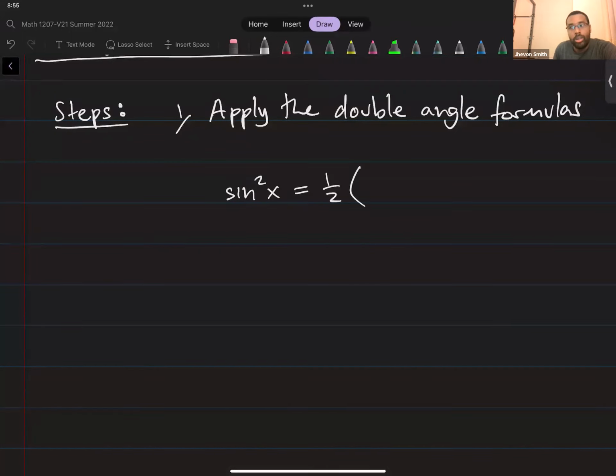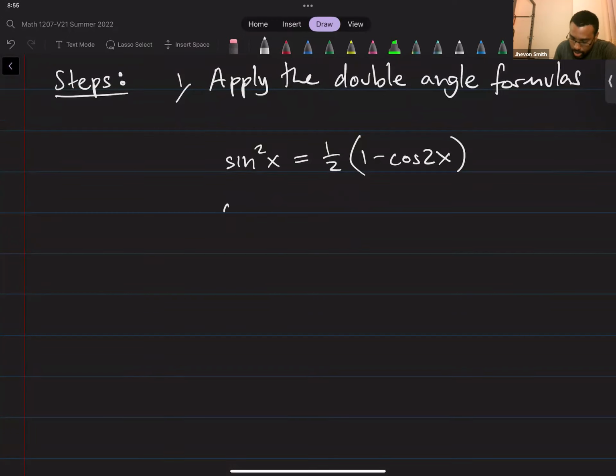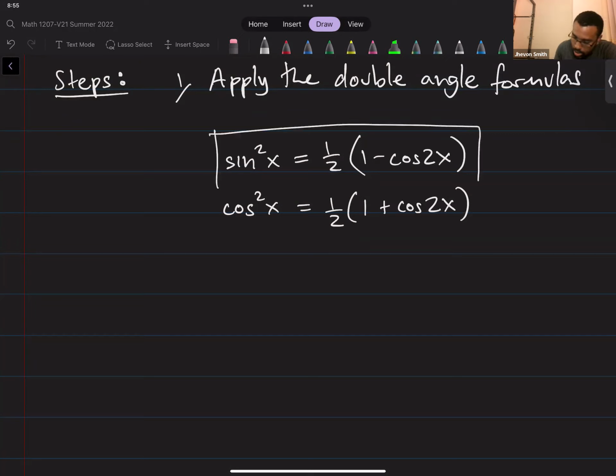The steps for such a case: one, you apply the double angle formulas. These are the ones that tell you that sine squared is 1/2 of 1 minus cosine 2x, and cosine squared is 1/2 of 1 plus cosine 2x. That was something you probably learned in trig, probably a while ago. These are two formulas that I do expect you to remember.